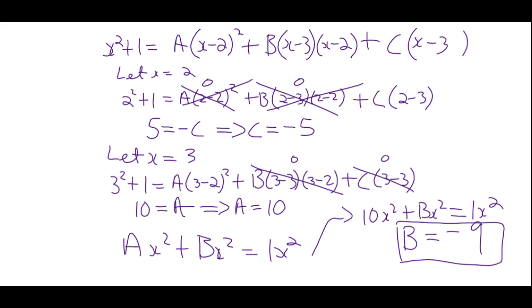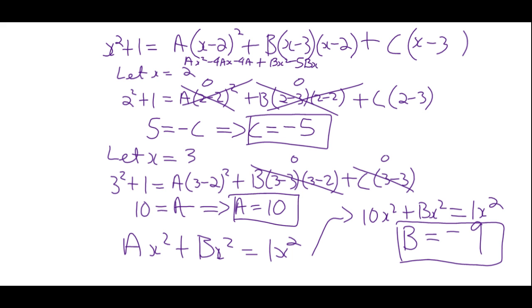We got b. We got a. We got c. Yep. You could just say that ax squared plus bx squared equals x squared. So if you expand this out, you're going to get ax squared minus 4ax minus 4a plus bx squared minus 5bx plus 6b plus cx minus 3c.